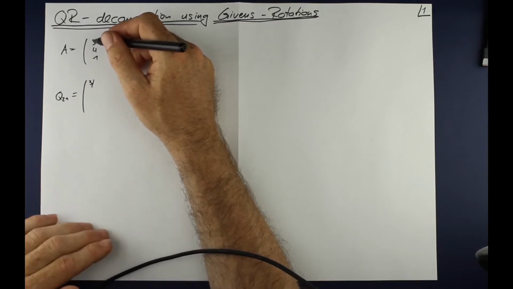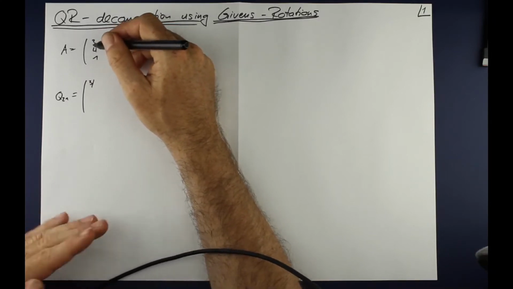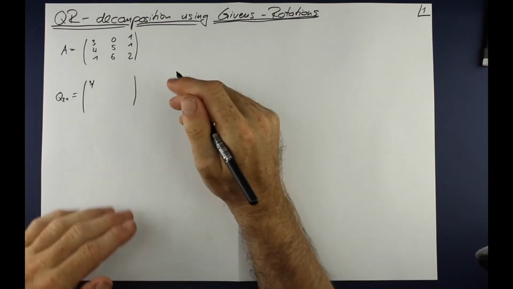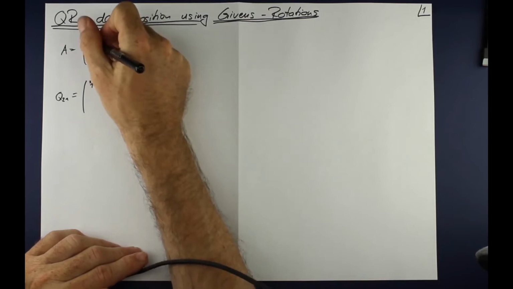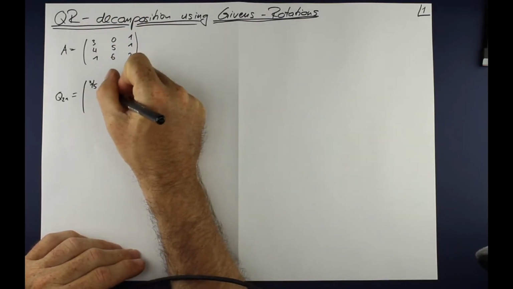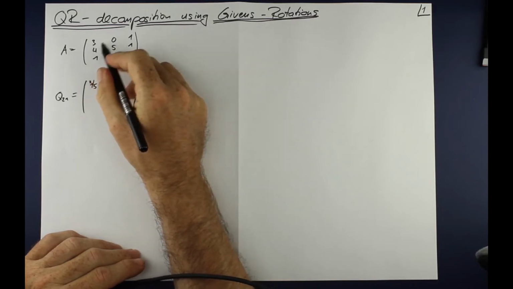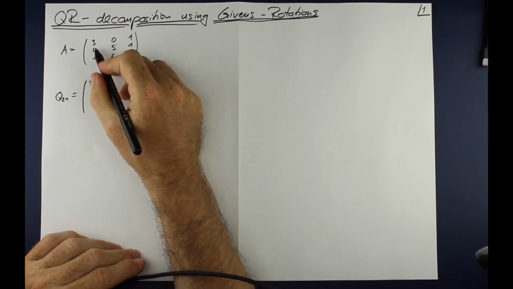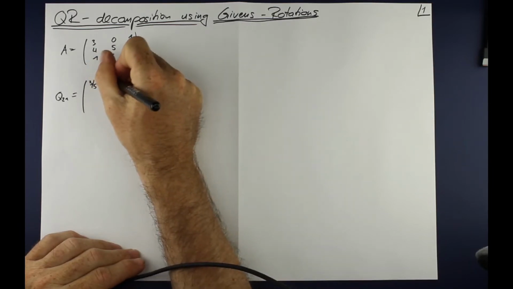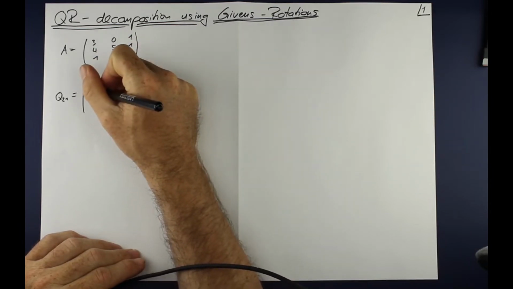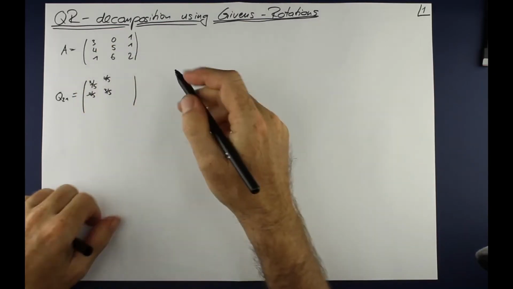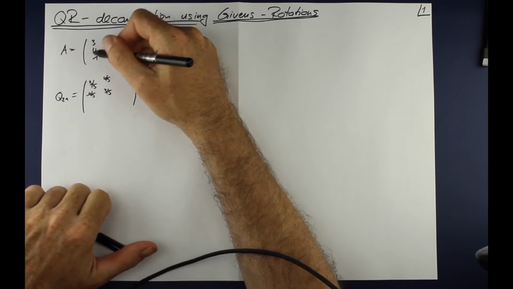So that was my example to get a number here and not square root 26 or 27 or ugly things like that. So in this case we get a 5, and then in this position two-two the same entry again. Then here in that position we use the 4, this 4 divided by 5, and here we use a minus 4 divided by 5. Okay, these two entries are interesting.